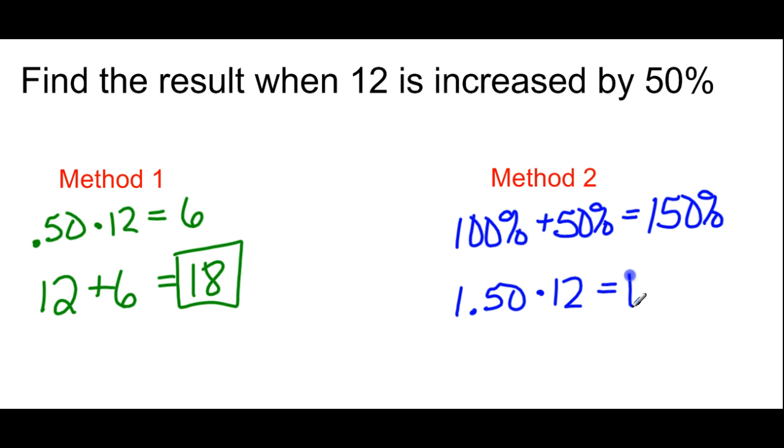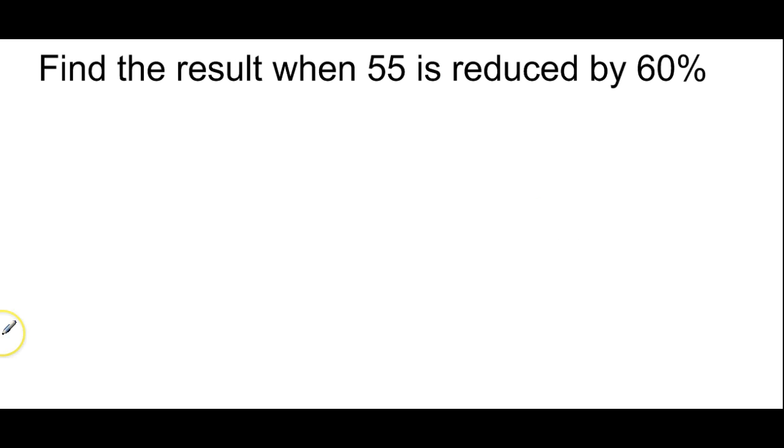You can do that on your calculator, and it is also 18. The answer is the same. Here, I work with the numbers first, finding the percent of the number, and then adding them together. Here, I add the percents together first, and then find what percentage that is. All right, we're going to do these using both of these methods, so I want you to pause the video each time, do the problem, and then let's see what we get.